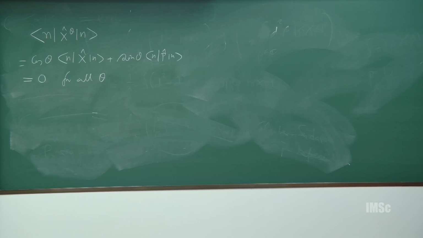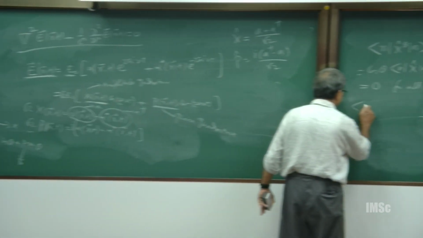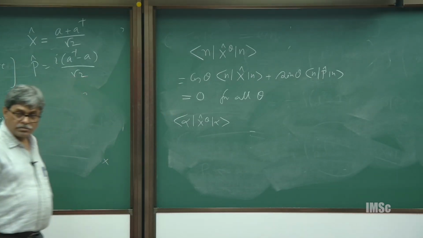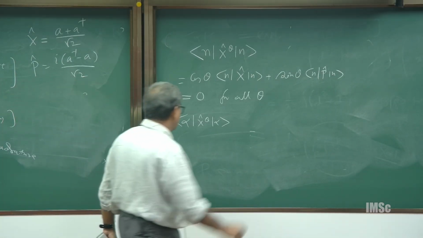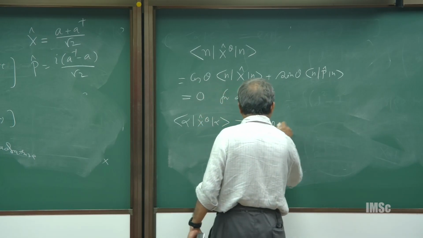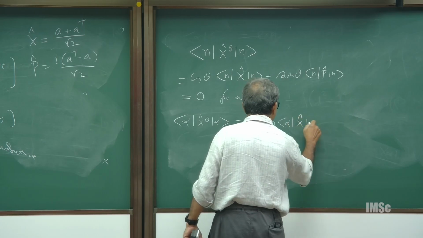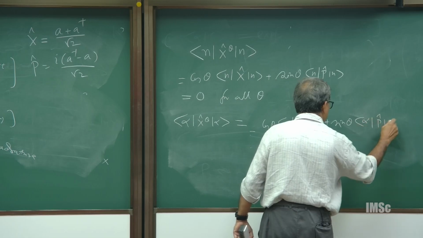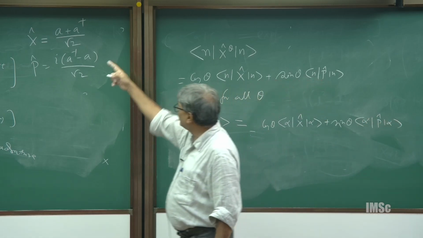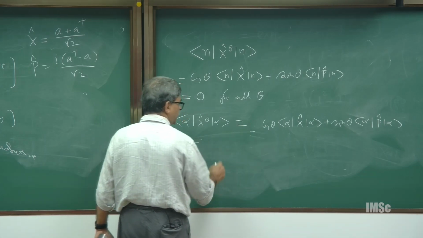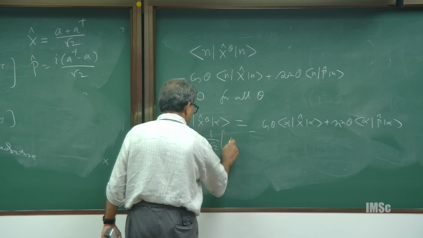But if you follow the same procedure with coherent states, okay, then you will see, for coherent state, what will you get? You will get cosine theta alpha x alpha plus sine theta alpha p alpha. And now with this rule, what will be this value? This is 1 upon root 2 cosine theta.